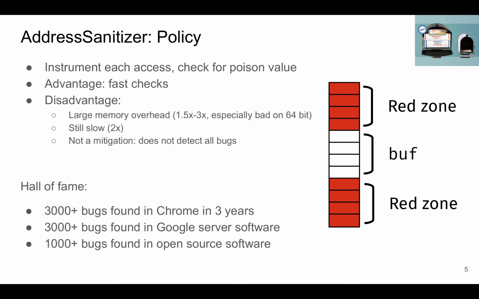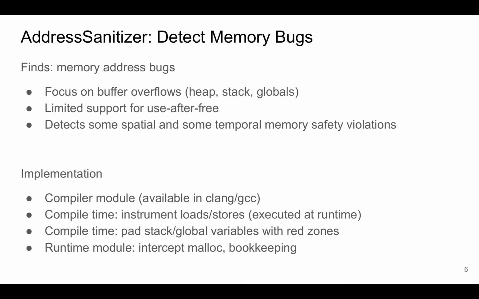The other part is the cost is just too high: 3-4x memory overhead, 2x performance overhead. That's just way too much. Stack canaries are similar, but they come at pretty much zero memory overhead and 1% performance overhead. So stack canaries are extremely cheap.